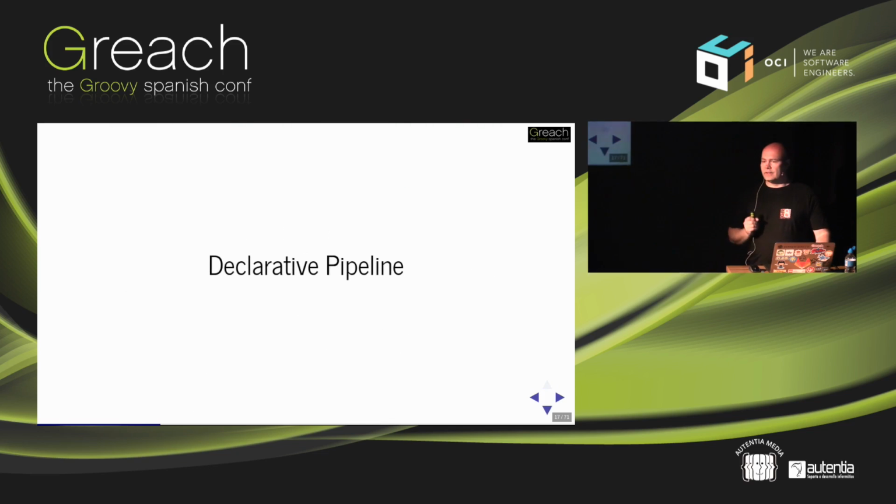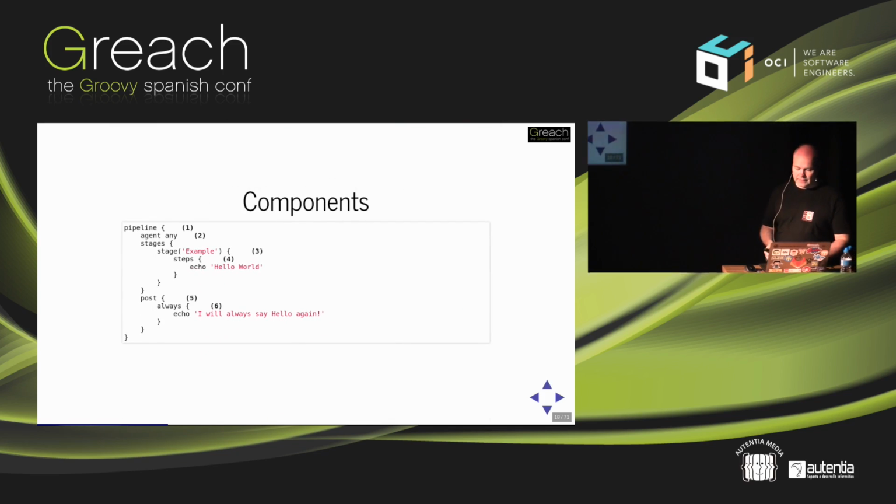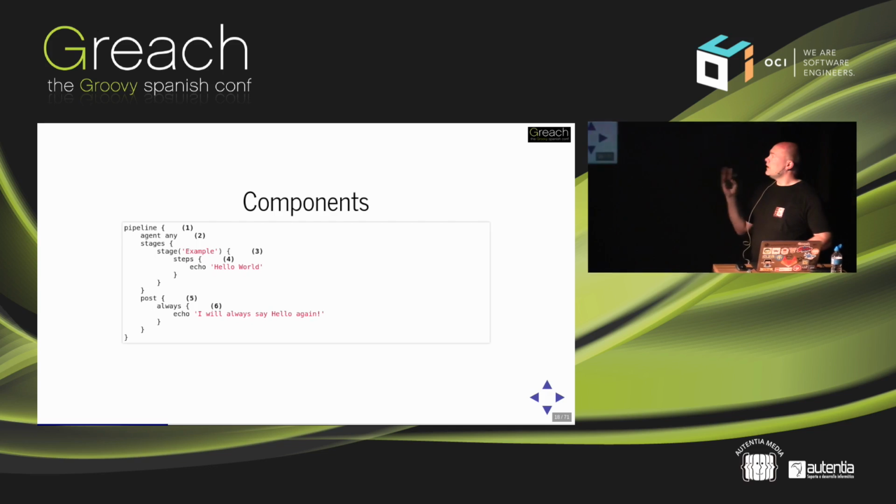So I mentioned that there is this declarative pipeline, so let me touch base on it really fast. It starts out with a pipeline. It must be there as a tag. It doesn't really do anything besides declaring this is a Jenkins pipeline. The agent step is compared to the label on the scripted pipeline that says which label you want this executed on.